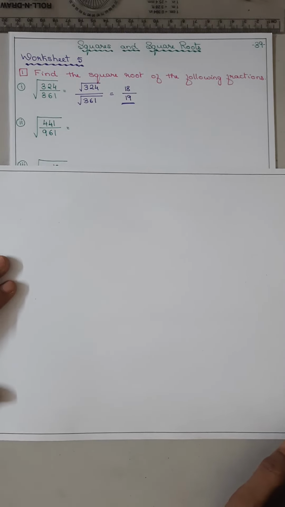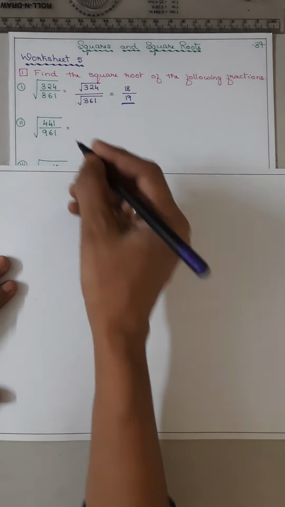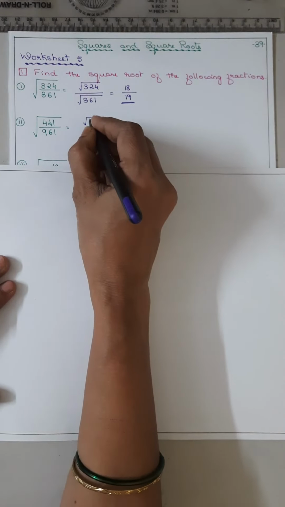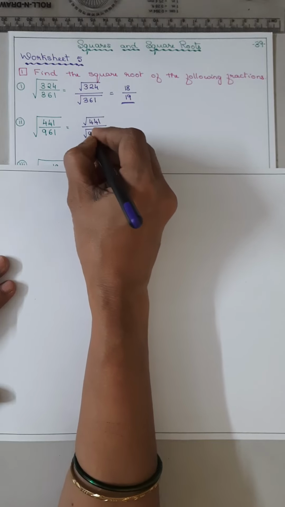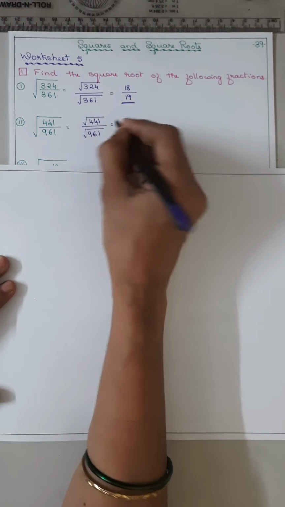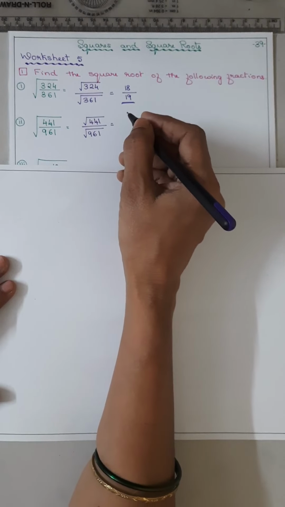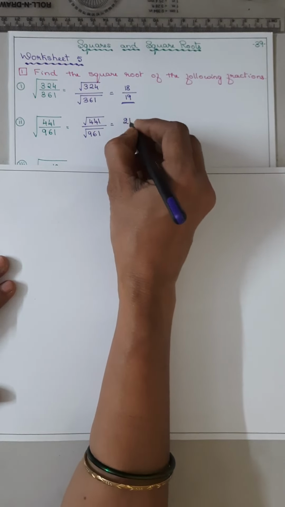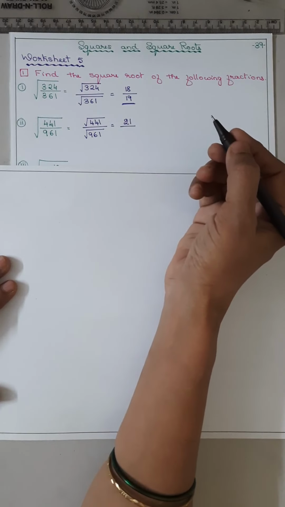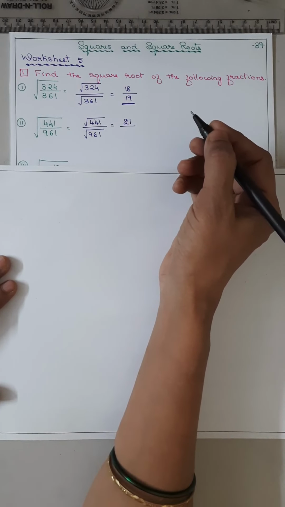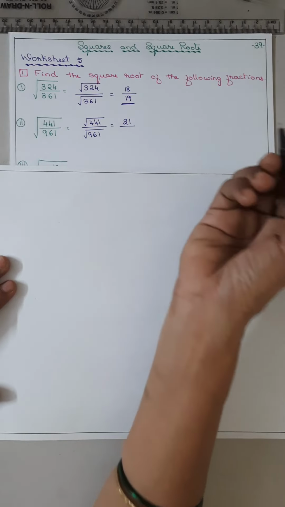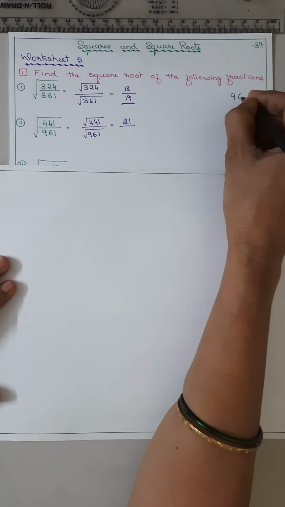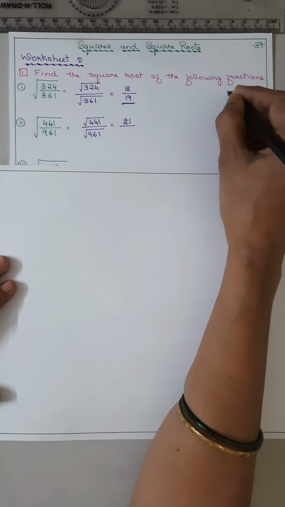Now 441 and 961. So the square root of 441 upon the square root of 961 is equal to 441 is of 21, and 961, you know the square of 30 is 900, so 31 is 961. Otherwise, do it from the right side.